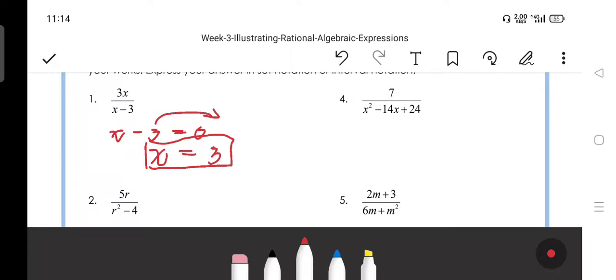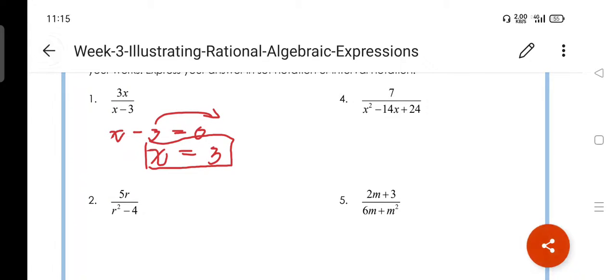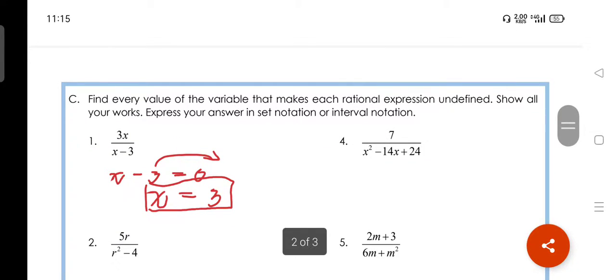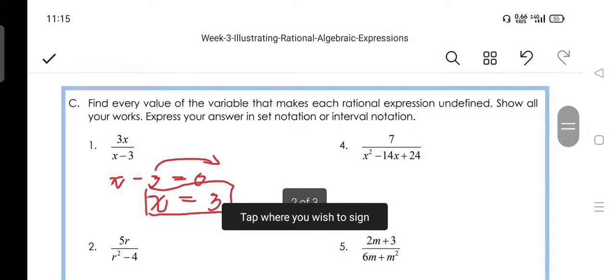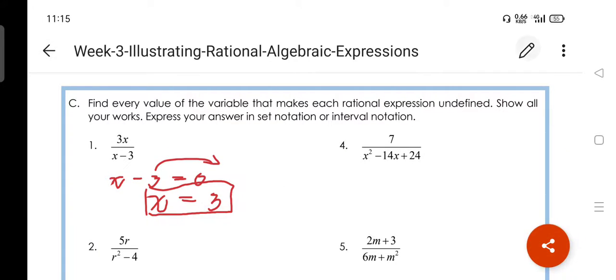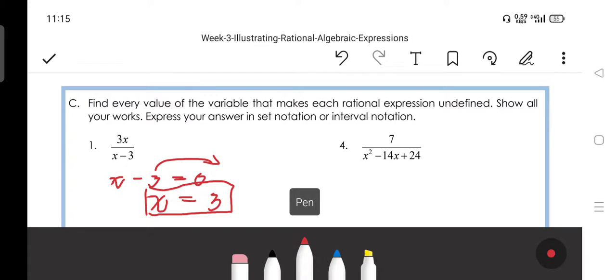This is not yet the final answer, because according to the problem, we are going to express our answer in set notation or interval notation.